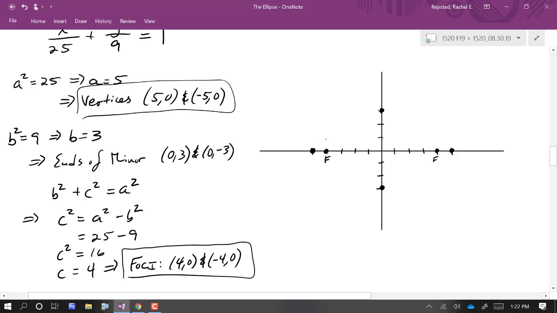And then I just do my best to sketch. There we go.